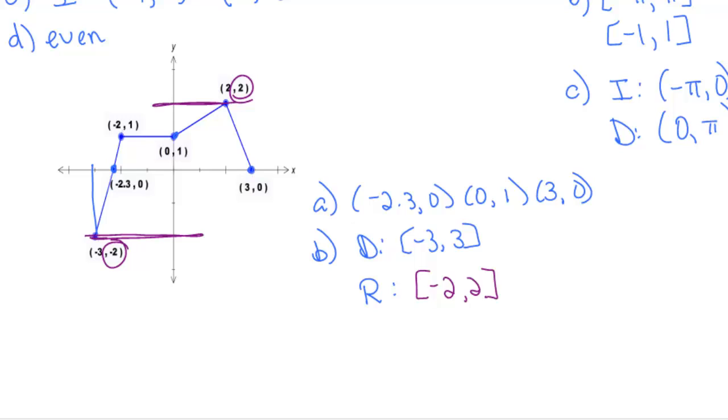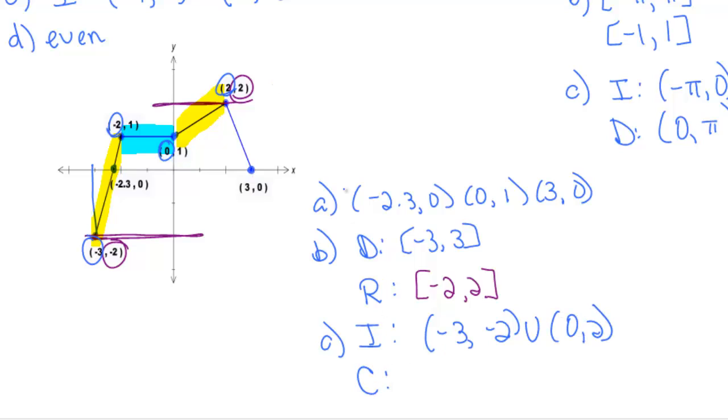Then we want increasing, decreasing, or constant. Well, it's increasing here, and we have a constant part there. All right, so let's throw that in. So part C, it's increasing from, again, x values, from -3 to -2, here to here, and from 0 to 2.